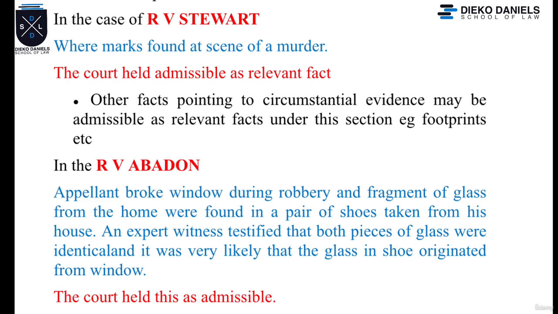In the case, the fact is that the appellant broke a window during a robbery and a fragment of glass from the window was found in a pair of shoes taken from his house. An expert witness testified that both pieces of glass were identical and it was very likely that the glass in the shoe originated from the window. The court held this piece of evidence as admissible.